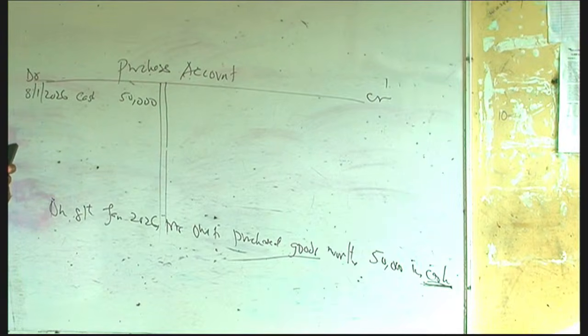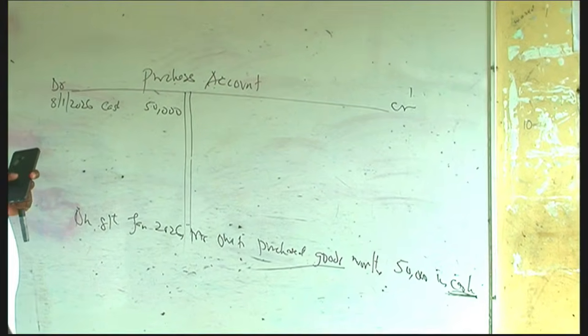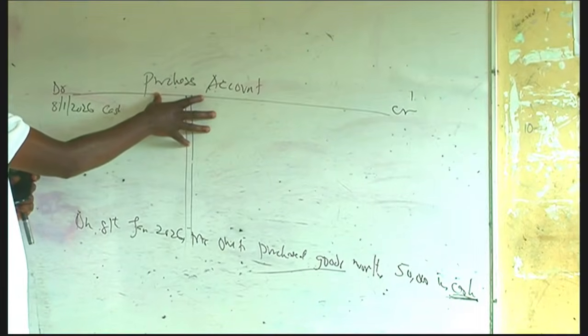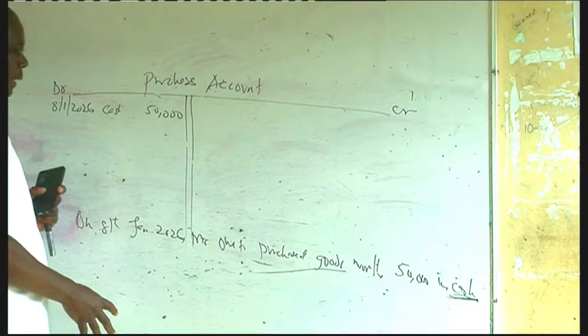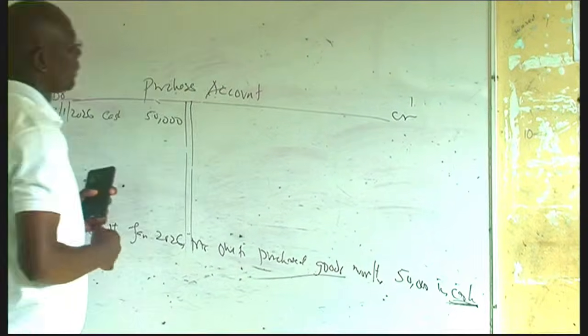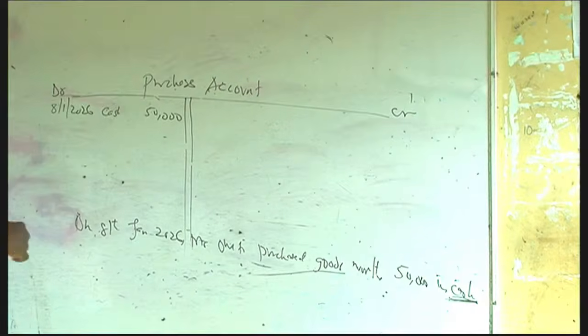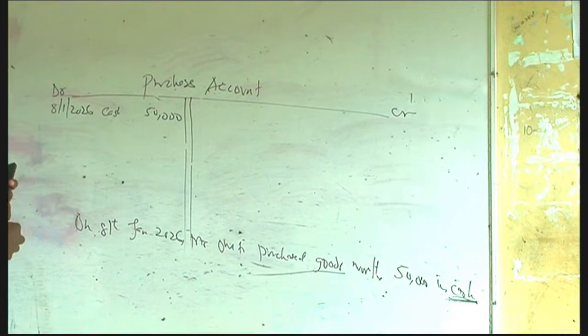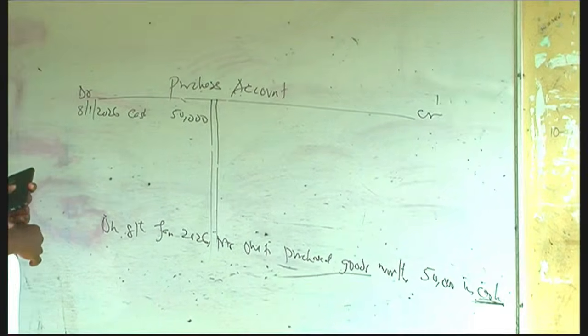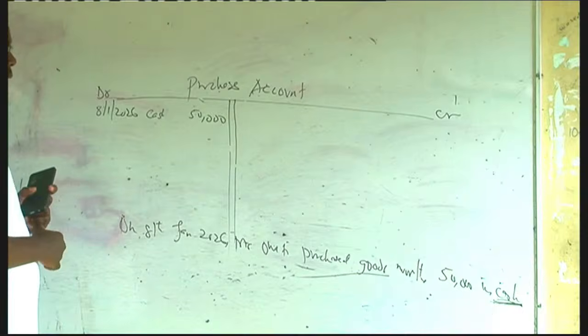So we have purchases. We'll open accounts for the purchases, and again we'll open an account for cash. So that is the double entry concept that I'm talking about. We'll use it, and we'll be able to see as we move along how it works.